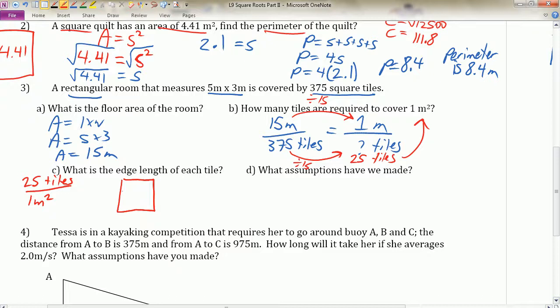Valerie? 5 and 5, exactly. So we go 1, 2, 3, 4, 5. 1, 2, 3, 4, 5. So we have 5 tiles in 1 meter.